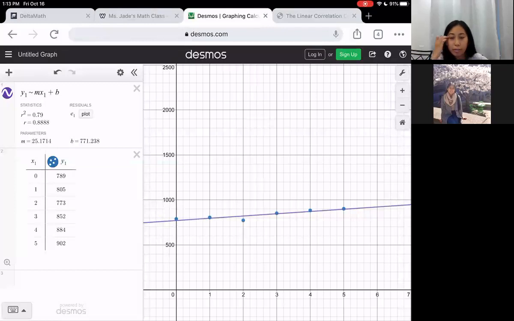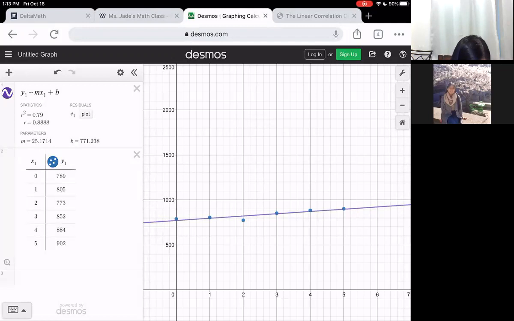So over here, I kept the same scaling of my graph, so you can see it's still zoomed in or zoomed out quite a bit. I'm going to adjust the scale so that we can take a better look at the y values. Our y values, our range on this data ranges from 773 as the smallest all the way to 902.